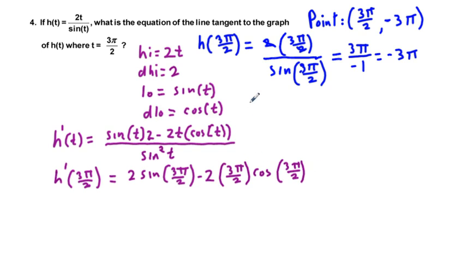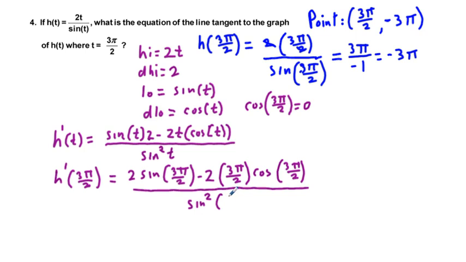Well, the cosine of 3 pi over 2 is equal to 0. And we already established that the sine of 3 pi over 2 is negative 1. And we're dividing all this by sine squared of 3 pi over 2. And we know that sine of 3 pi over 2 is negative 1.